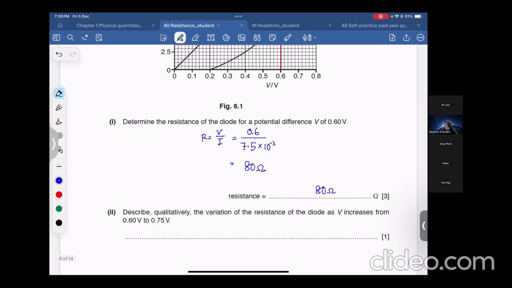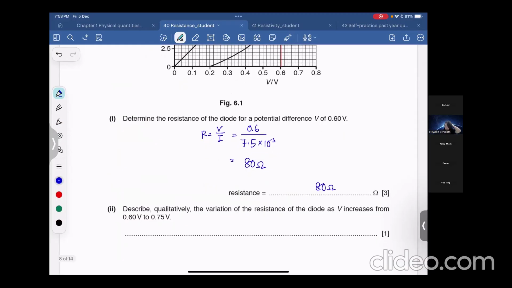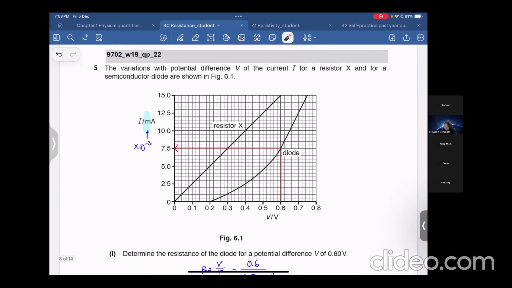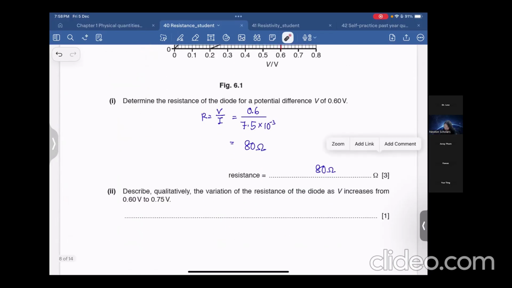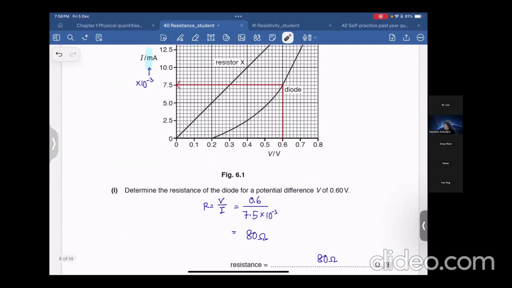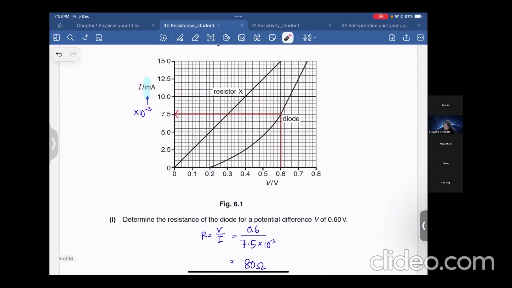Describe qualitatively the variations of the resistance. Qualitatively means the characteristic, the nature of the resistance. The variations of the resistance of the diode as we increase the voltage from 0.6 to 0.75, in this part.